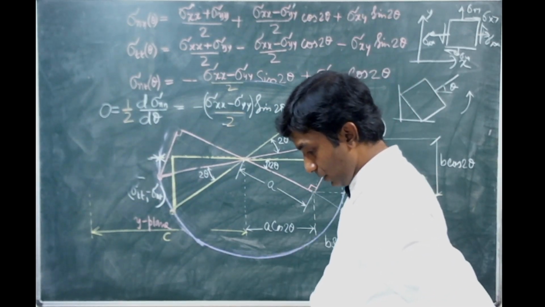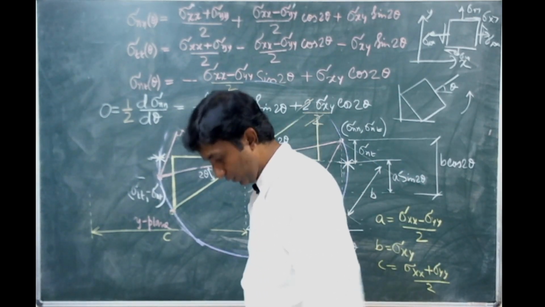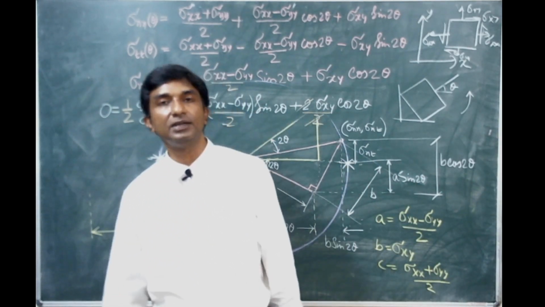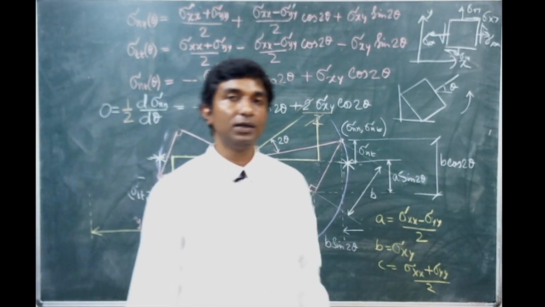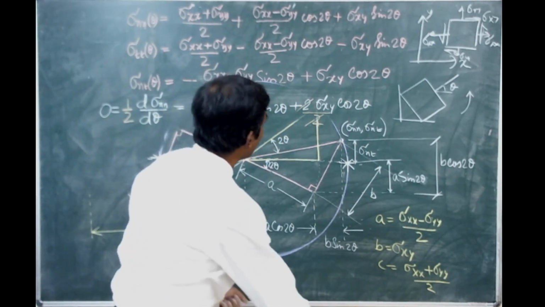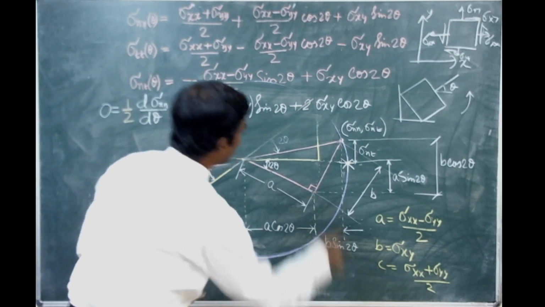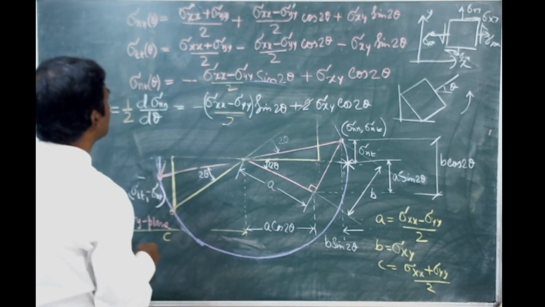That means for the orientation theta at which sigma nn attains its maximum value, you get 0 shear stress. That can be reflected from the Mohr circle, as we have already seen.